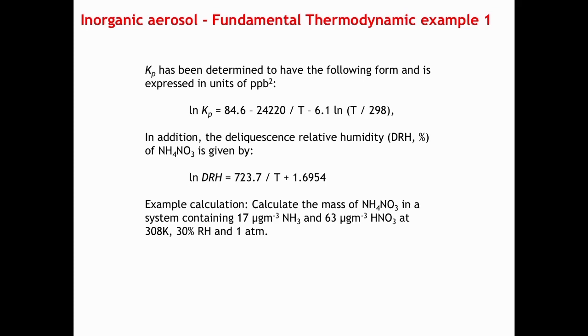So say you've got about 25 parts per billion of ammonia, haven't you? And you've got roughly 25 parts per billion of nitric acid. You've got it in parts per billion. How do you measure parts per billion of ammonium nitrate? Unfortunately, it's a solid, so you've got a phase transition. So you can't go from volume of a gas to volume of a solid. So it's no longer a part per billion because you condensed it. So you need to have it in mass.